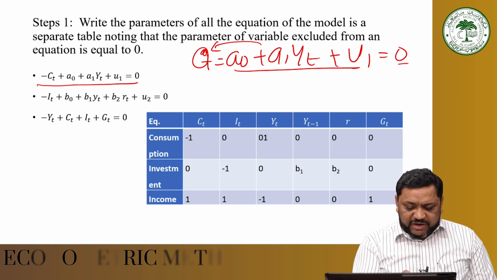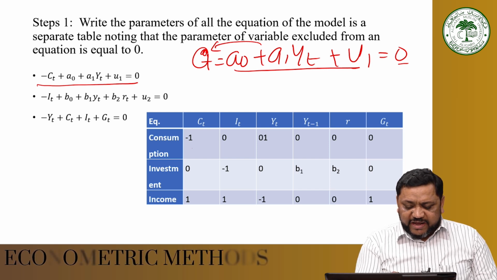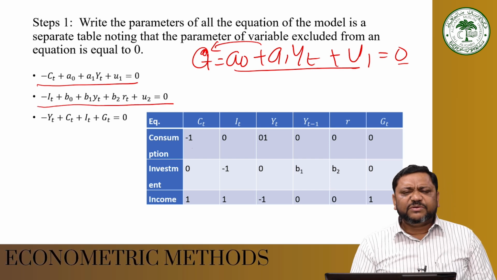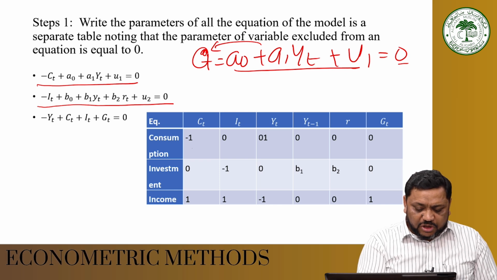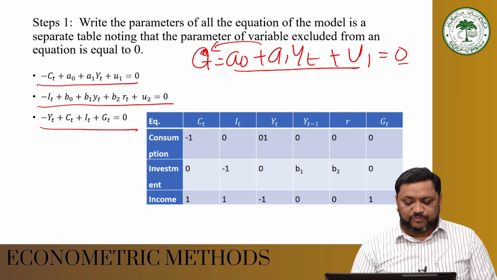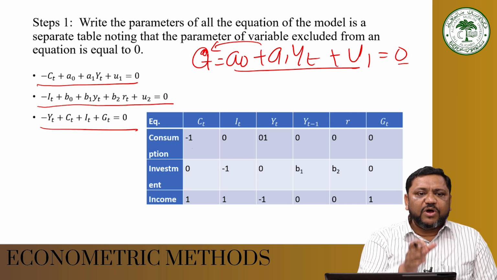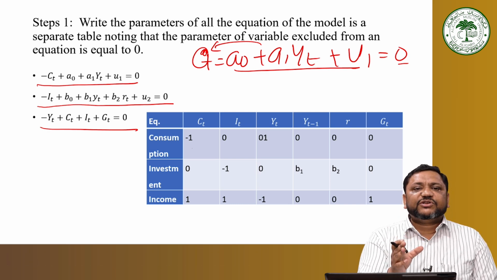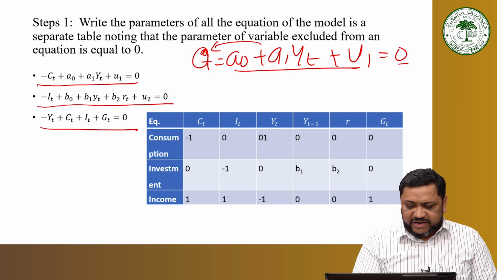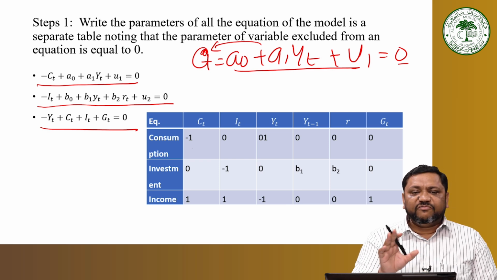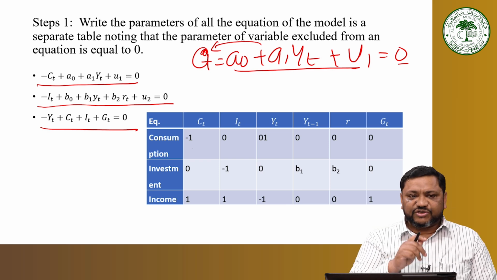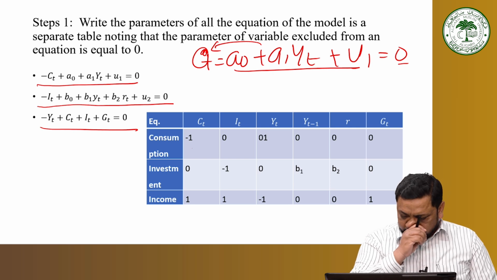Next, we take the investment function, take all the terms to the left hand side and equate it to 0, and this is also done with the last equation. Now, let us see what we are trying to do. What is step 1? Write the parameters of all the equations of the model in a table, noting that the parameter of a variable excluded from an equation is equal to 0.